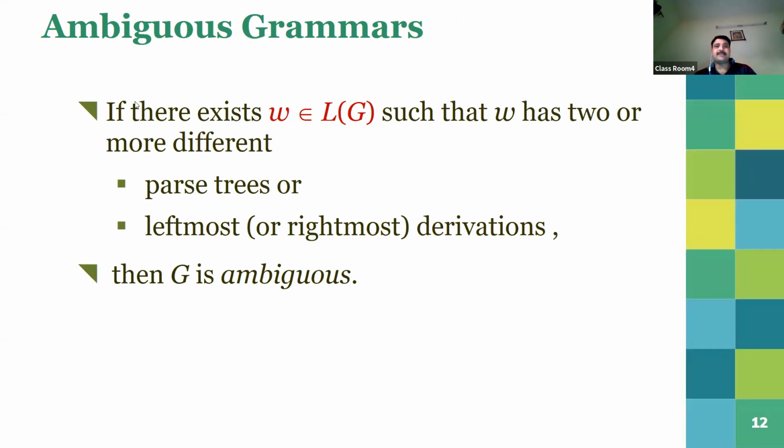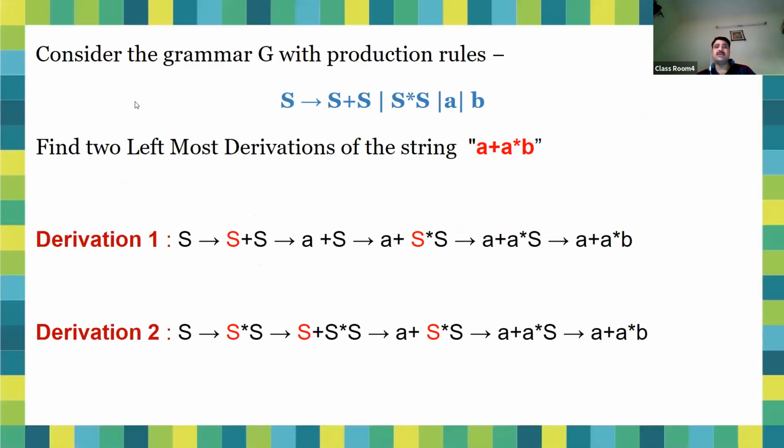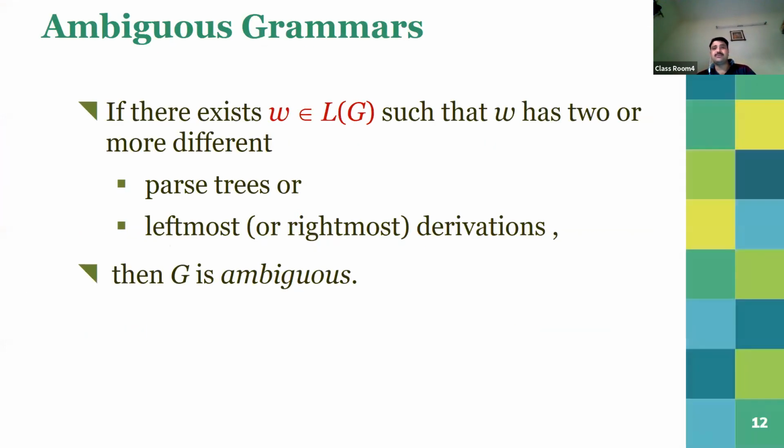The next part is, suppose a grammar is given to you. The grammar is S → S + S | S * S | a | b.